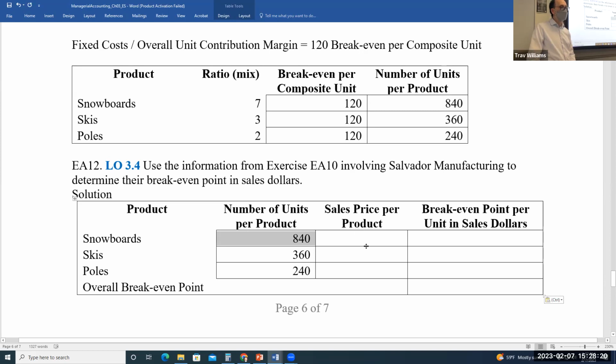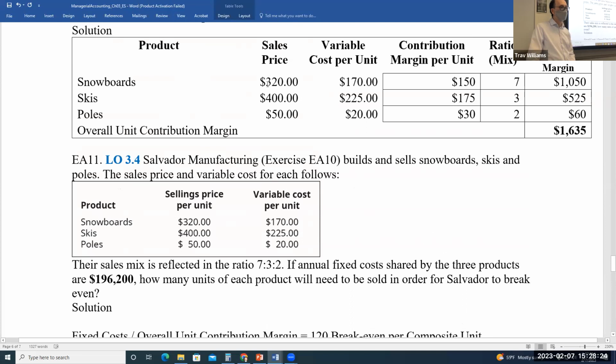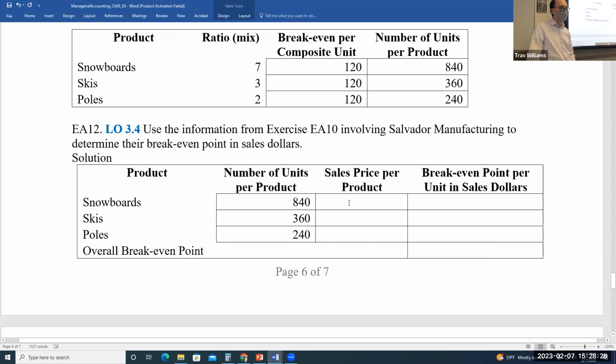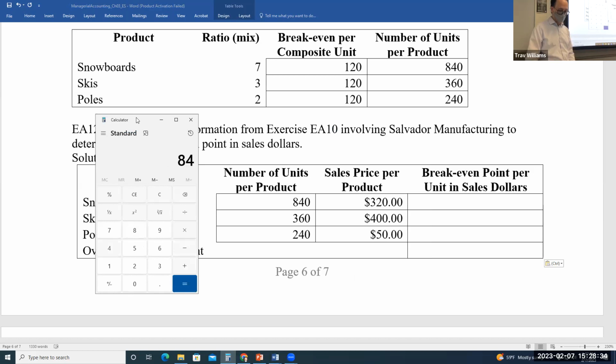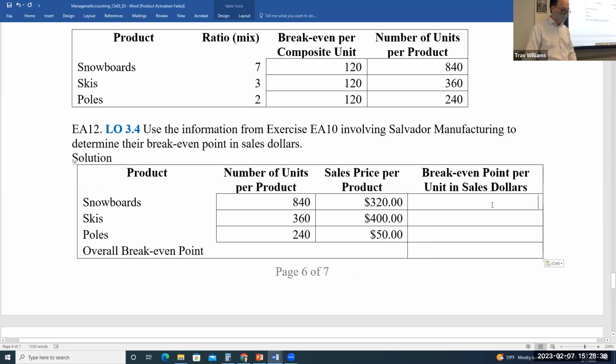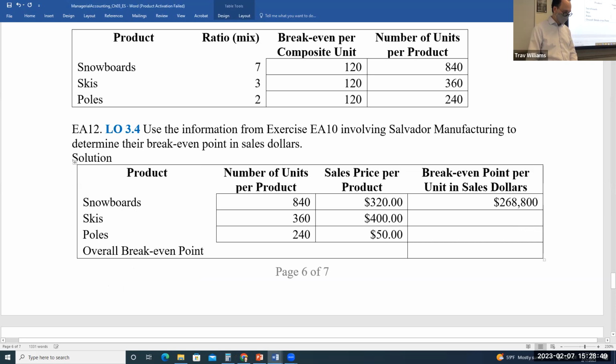And then we're going to put in the sales price per product, which we can get here. Okay. So if we sell 840 snowboards at $320 each, 268,800. 360 skis at $400 each, 144,000.